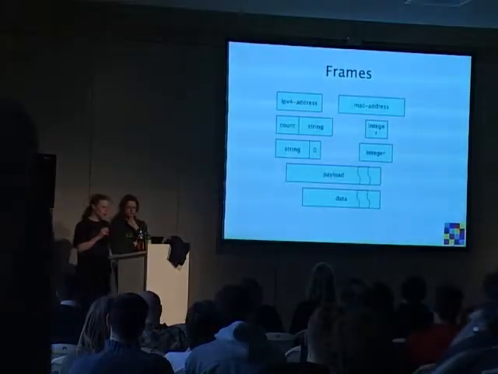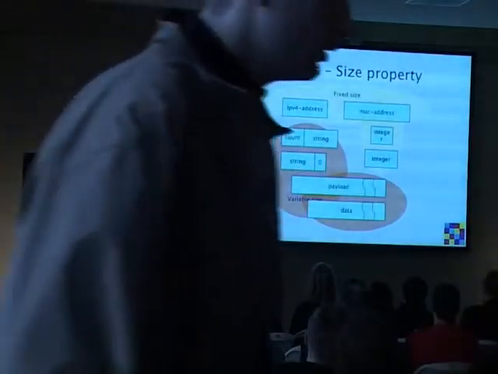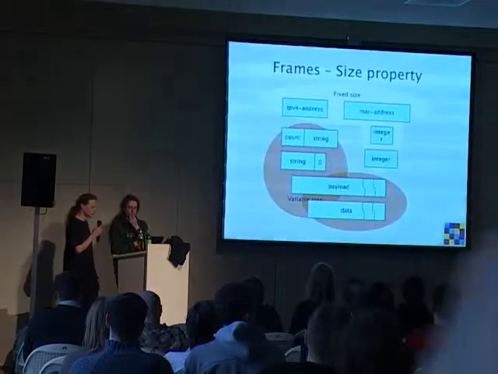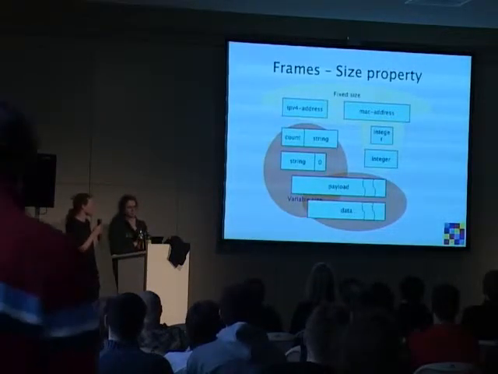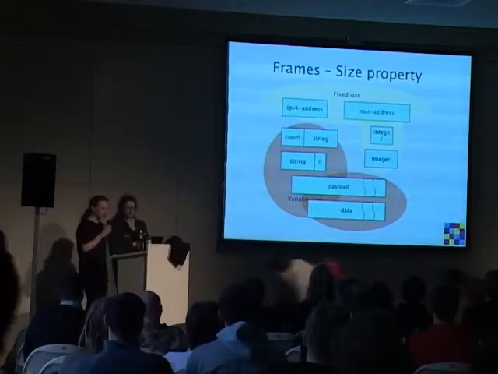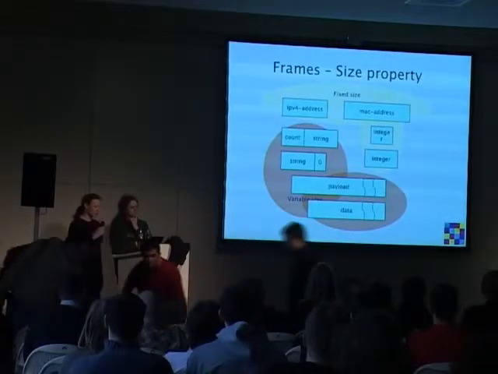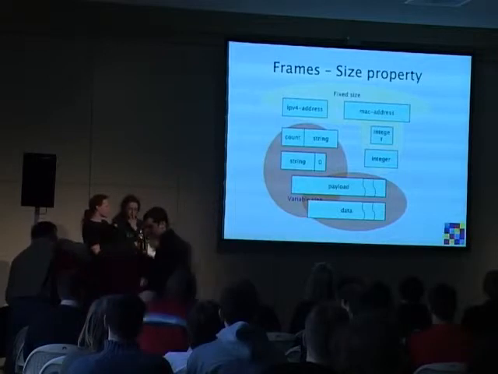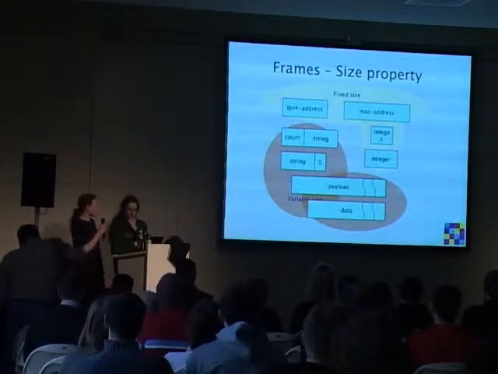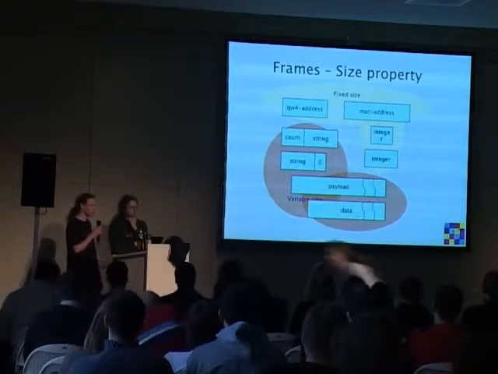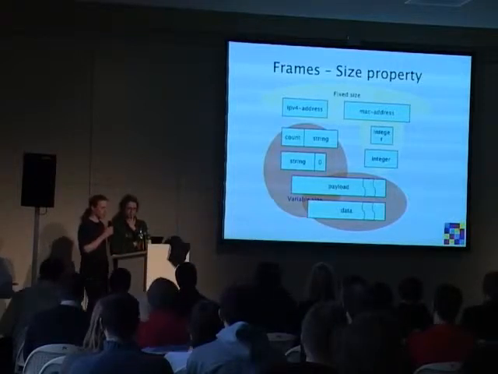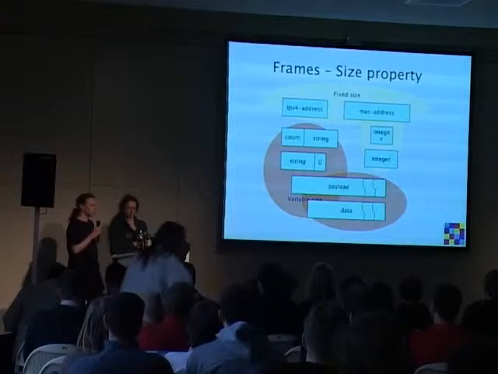We came up with two properties we have on those frames. The first is the size property. So IPv4 address, MAC address, and those integers are fixed size, and strings and payloads and data are zero terminated, or you have a string where the count field is prefixed.